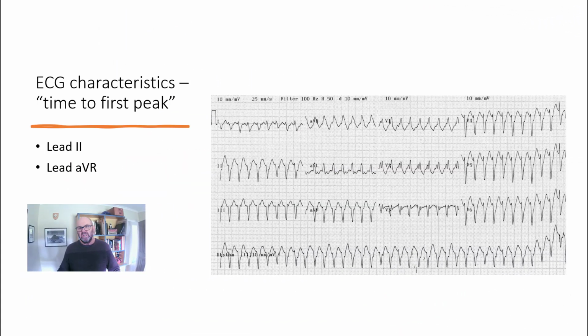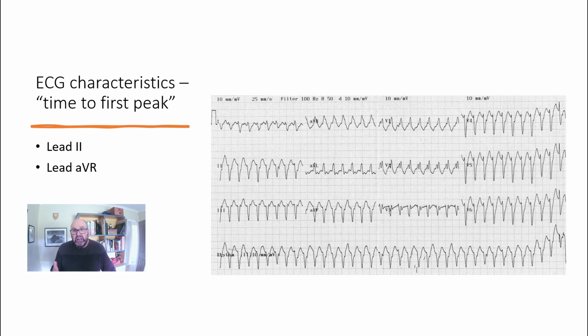This brings us to the ECG characteristics using the Basel criteria. The characteristic is the time to first peak characteristic. This is the duration from the first deviation on the QRS complex to the peak of the first wave, regardless of whether this is an S wave or an R wave. The assumption is that a ventricular rhythm is not activated by the bundle branches.